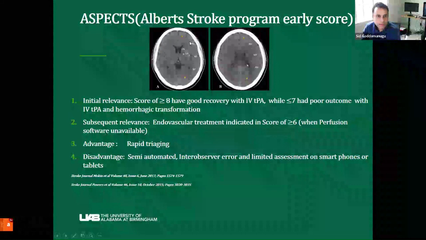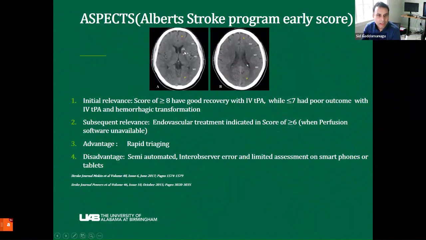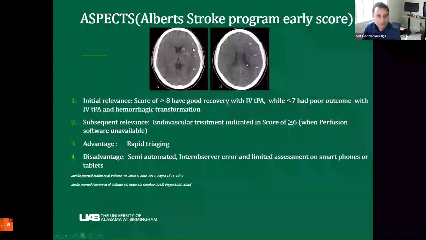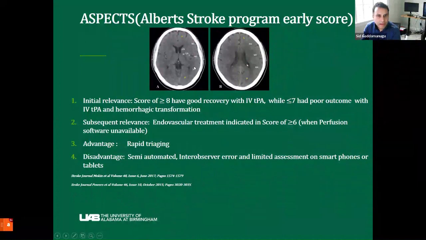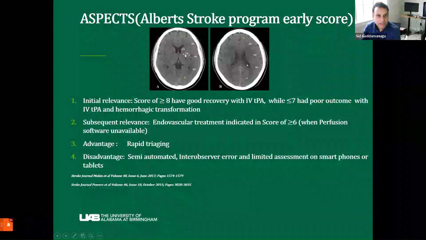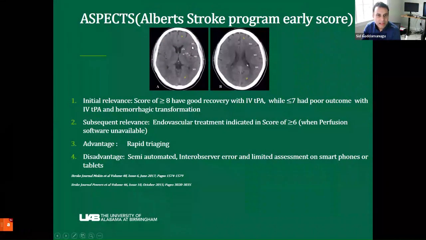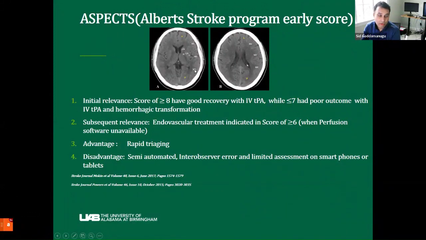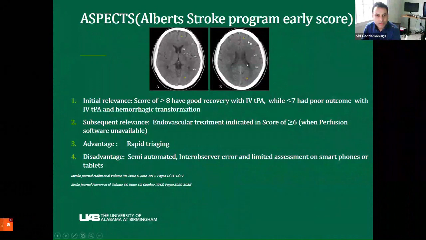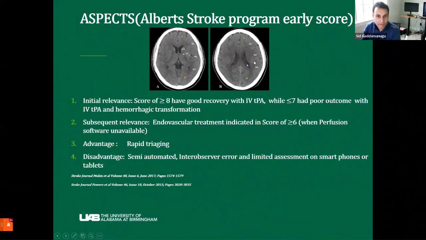This is a normal head CT. At the level of the basal ganglia, we have 7 territories, which include the caudate nucleus, internal capsule, lentiform nucleus, and 3 zones of the middle cerebral artery. Just one level above the basal ganglia, we have another 3 zones.